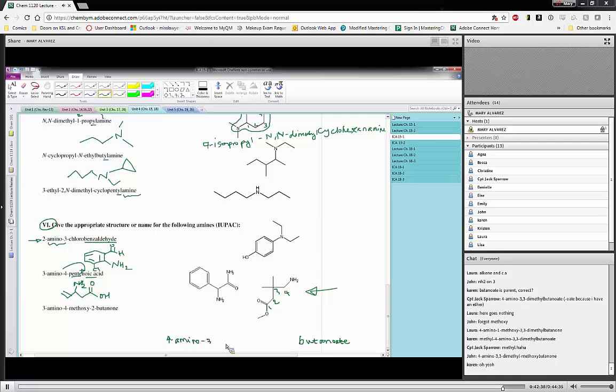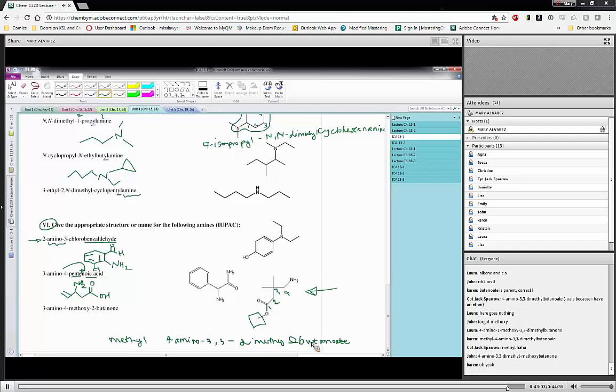I'm obviously not going to need anywhere near that much space. I just wanted to make sure I had enough space. I gave myself way too much space. So 4-amino 3,3-dimethylbutanoate. And then to tell myself, okay, this is a methyl attached to the oxygen of the ester, I put the methyl out in front. So methyl 4-amino 3,3-dimethyl butanoate.